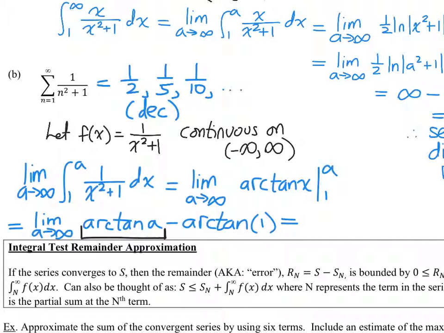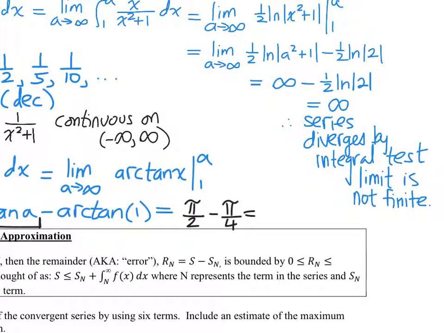One way to handle it is to put something really large in for the arctan of a and see what multiple of pi it is. Other ways involve coming up with a graph. But what would you expect it to be? Pi over 2. Now, what is the arctan of 1? Not 0. Arctan of 0 is 0. Pi over 4.